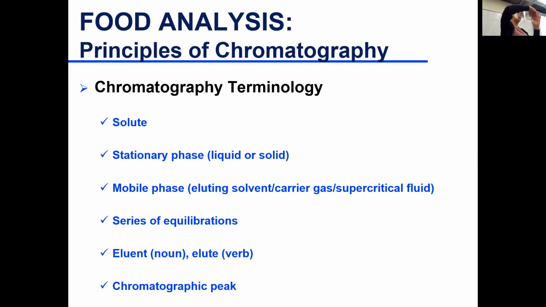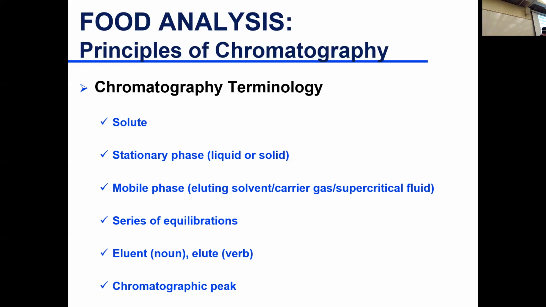So there's a mobile phase going in, and the compound moving down is actually moving in and out on the column, on the stationary phase, into the mobile phase going down, interacting with the column, going into the mobile phase. So, and then it reaches equilibrium at different locations. So that's called series of equilibrium.